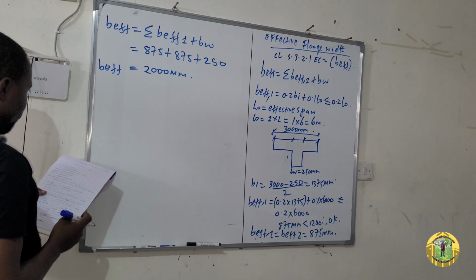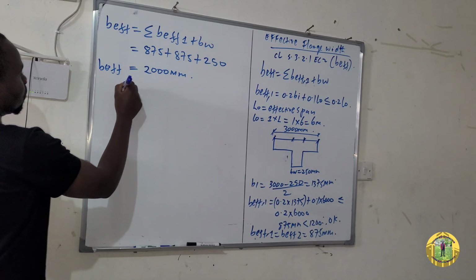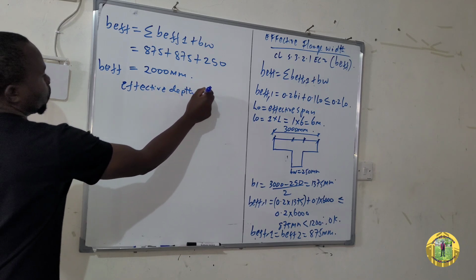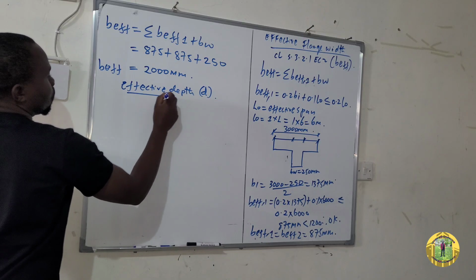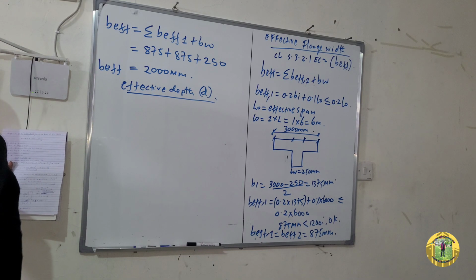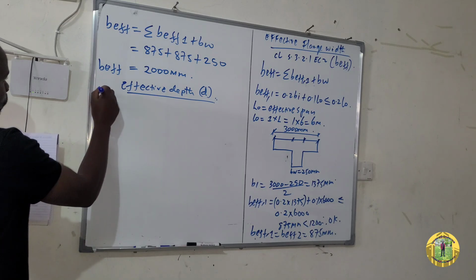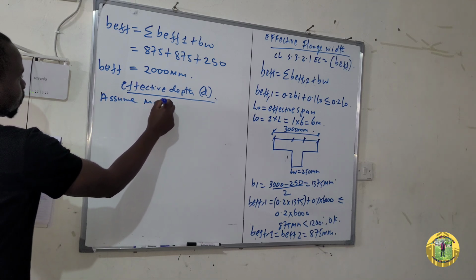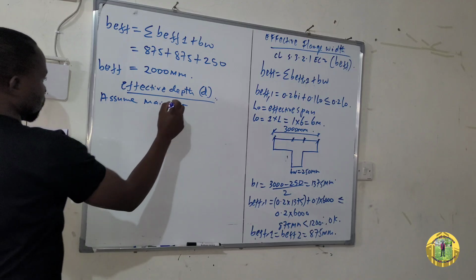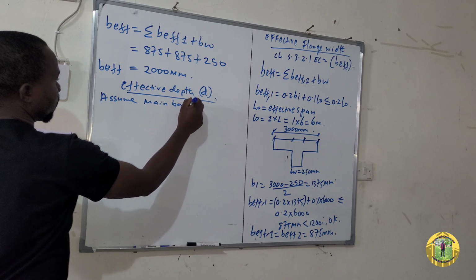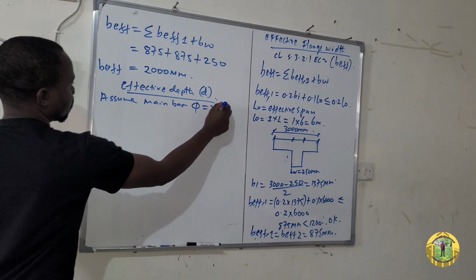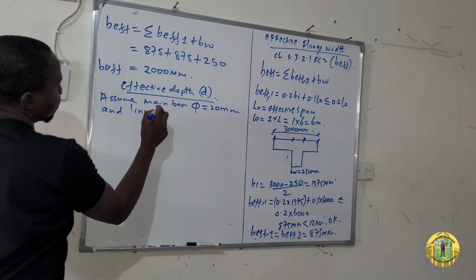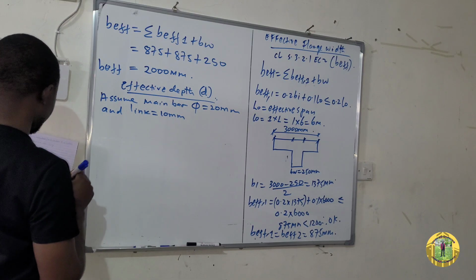Therefore, from there, you can now determine the effective depth, which is D. So for us to calculate the effective depth, you will assume main bar diameter as 20 millimeter and the link as 10 millimeter.